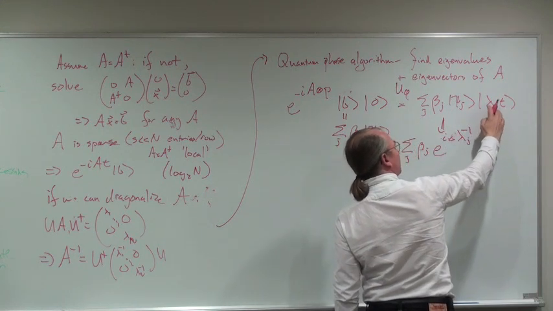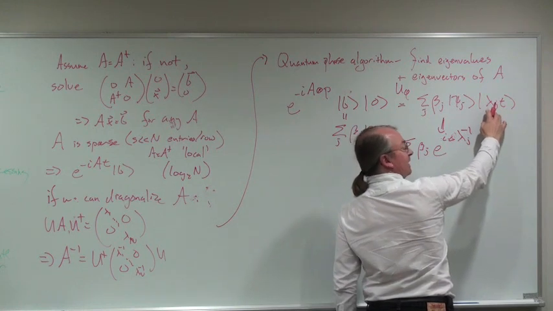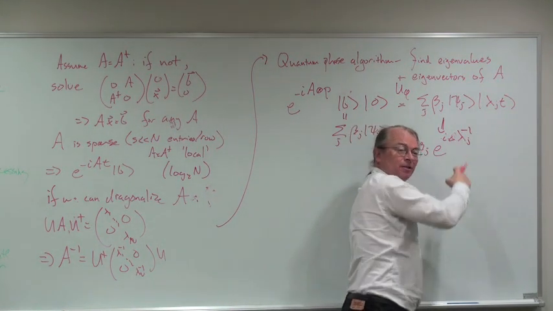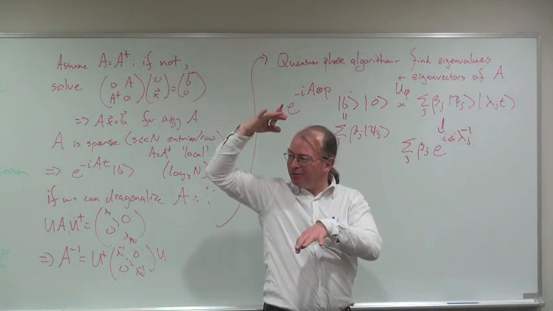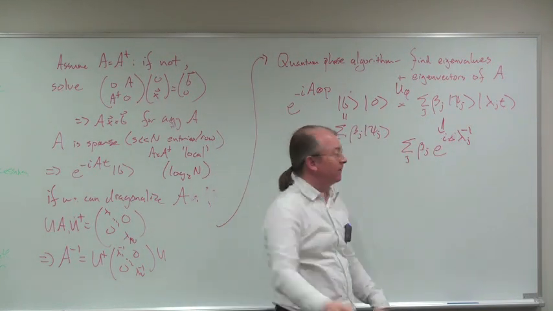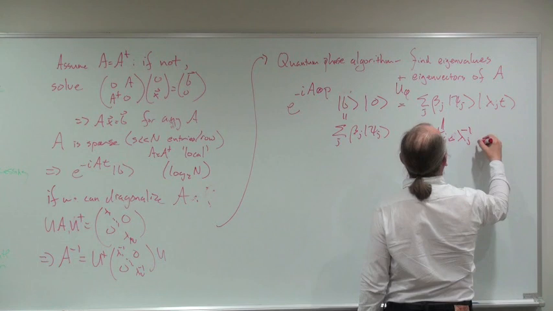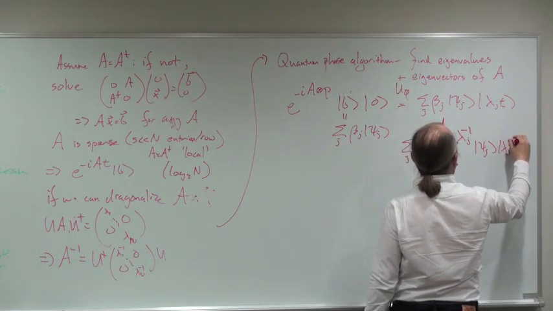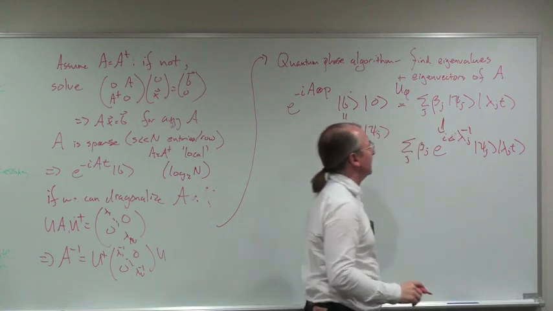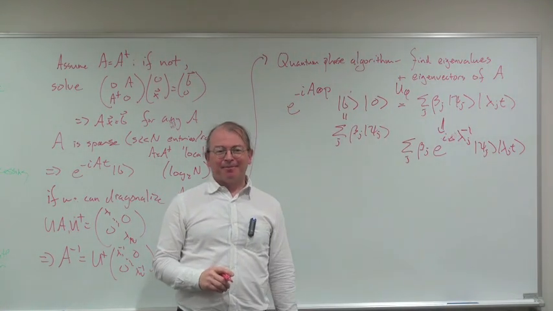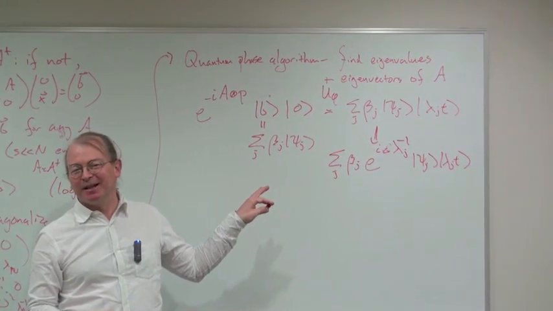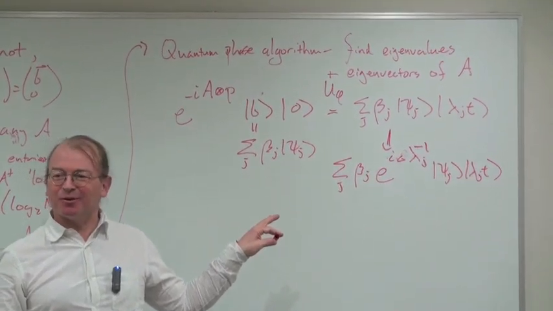My quantum computer looks at what's in this register, says, aha, now I know the eigenvalue, so let me turn it into a phase. Because you can always turn it into a phase. You invert it. You say, oh, what's 1 over the eigenvalue? You turn it into a phase. All right. This is, of course, the key step, because once you realize you can do this, you'll see the rest of it follows almost directly.